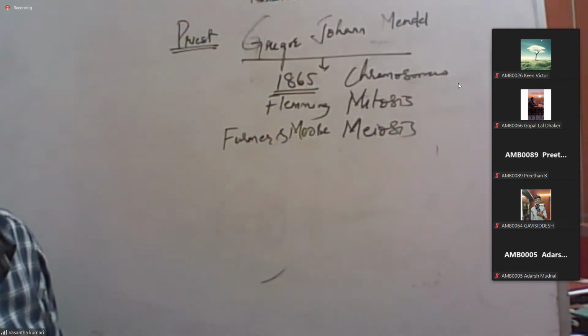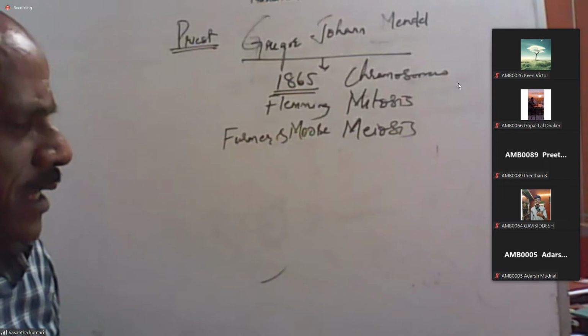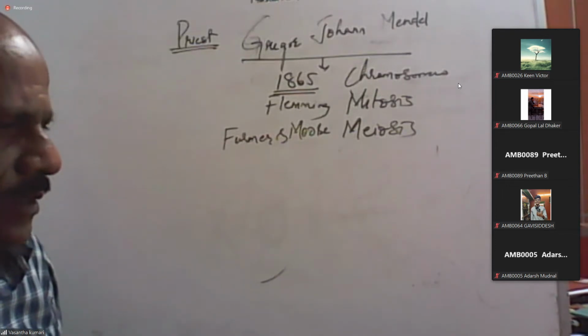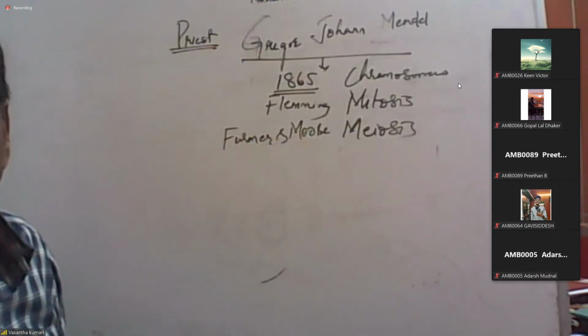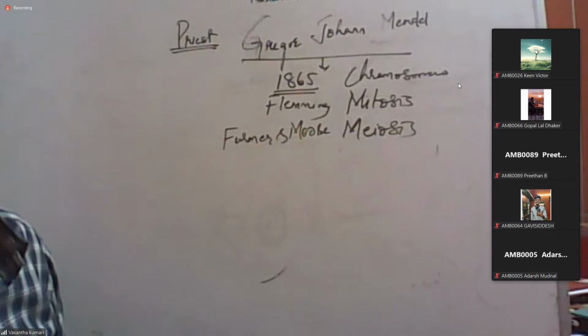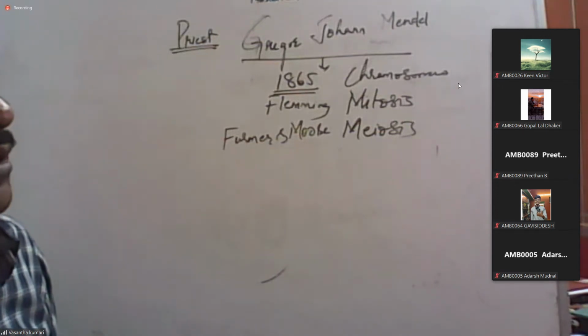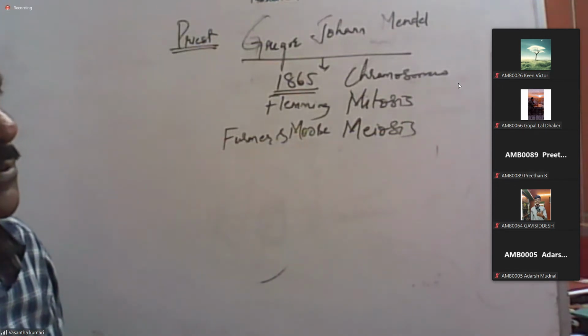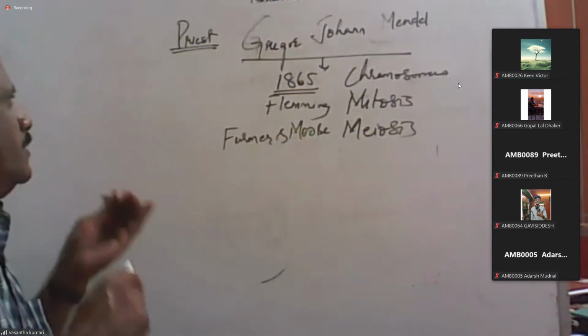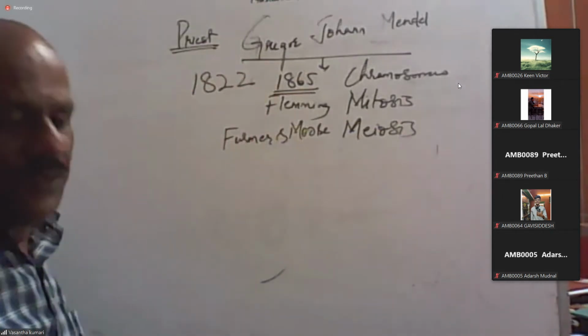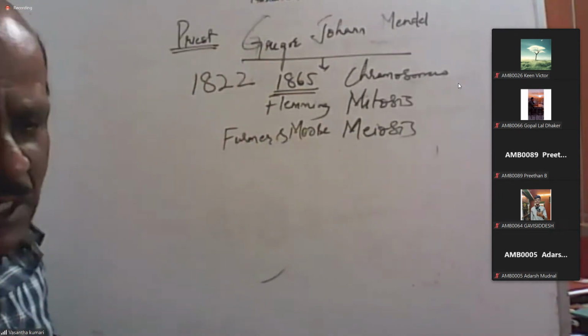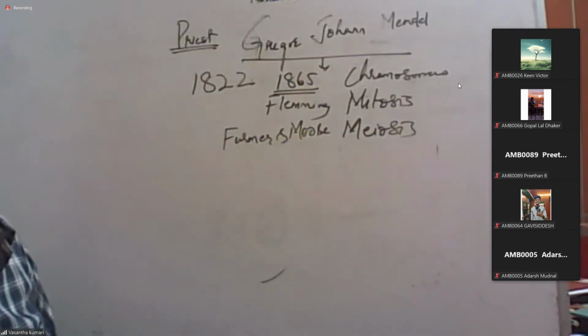Is that clear? So Mendel had no clue, but he gave to the world a concept called rules of inheritance or laws of inheritance. And you know when Mendel was born? When was Mendel born? This year, July 20th, we'll be celebrating completion of 200 years of Mendel.